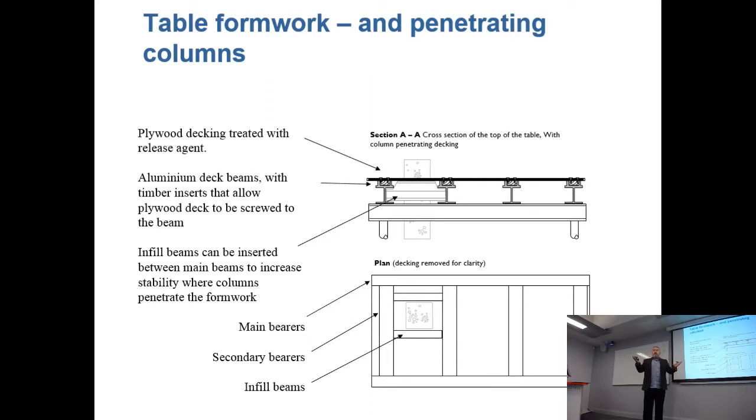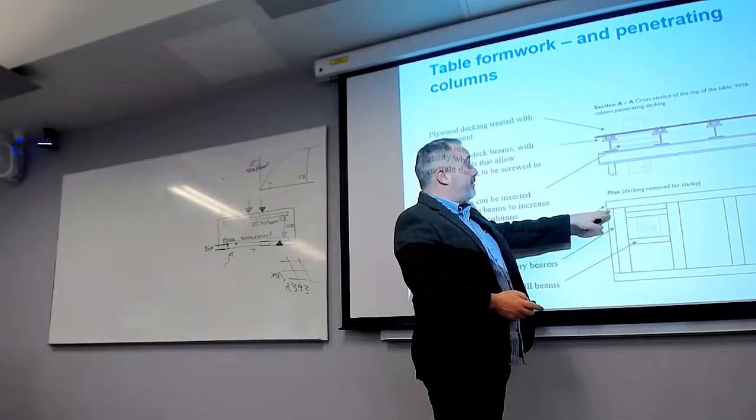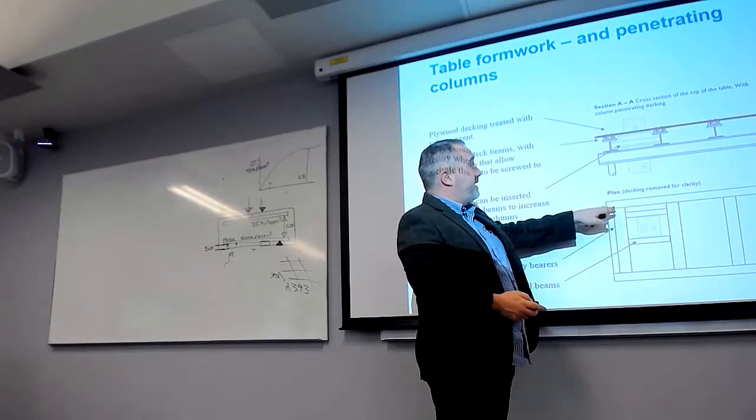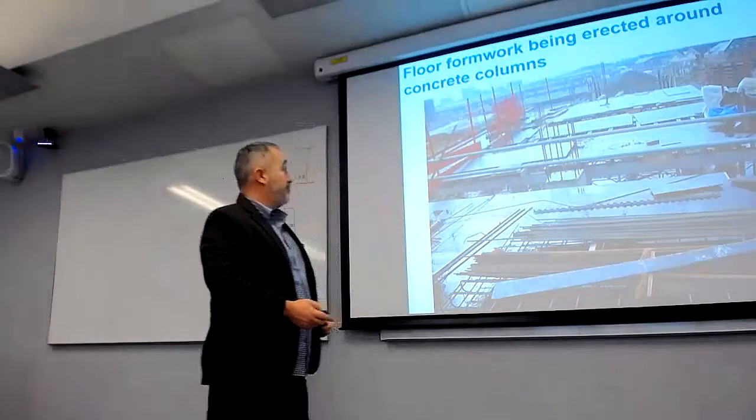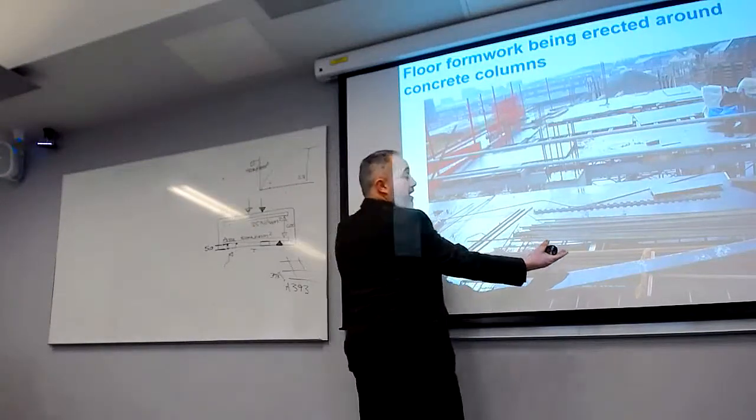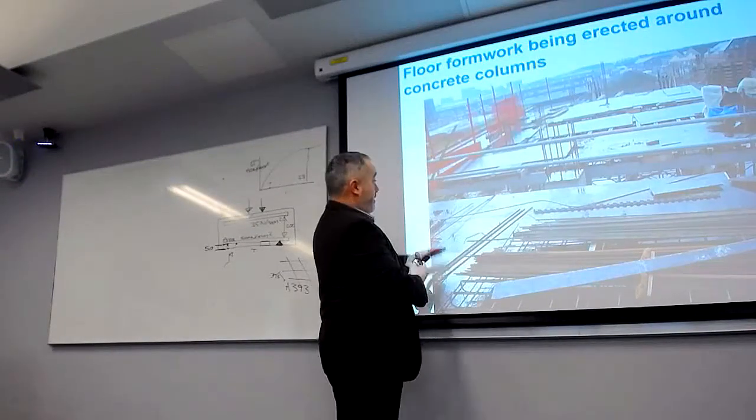The quick thing is putting these table formworks into place. You bring it in, lift it up into place, and it'll be covering this flat area. They can be moulded to create a pattern shape within the concrete. It just becomes a little bit more expensive when you start to build around things, and you need to fill in the gaps with timber. Here we've got our table formwork in place.